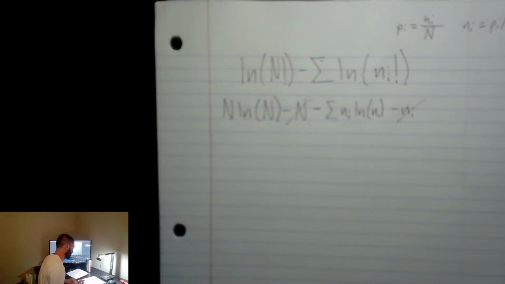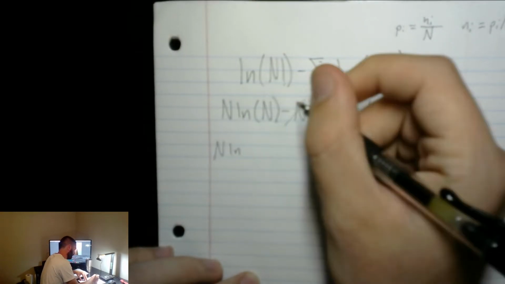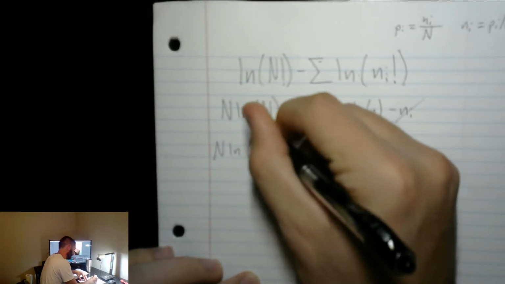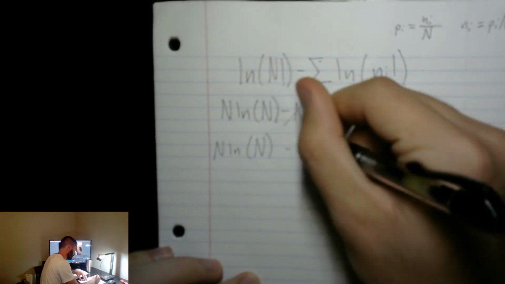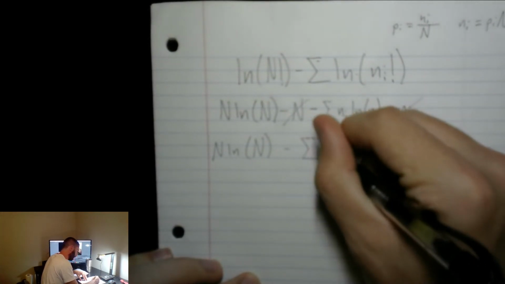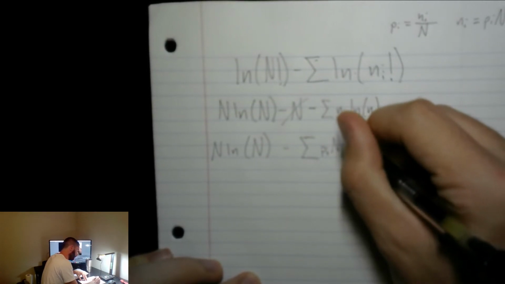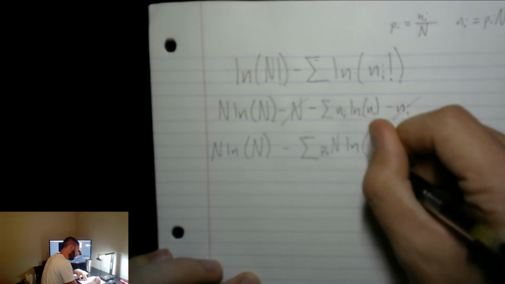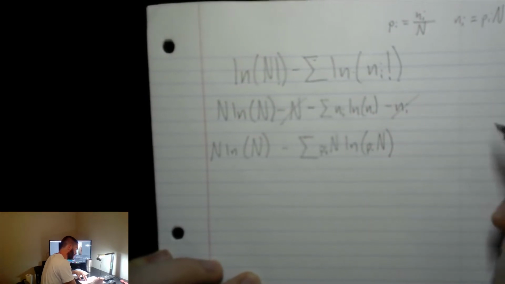Now if we replace this in our summation term and carry everything down, we get big N times the natural log of big N minus the summation of probability times big N, the natural log of probability times big N.